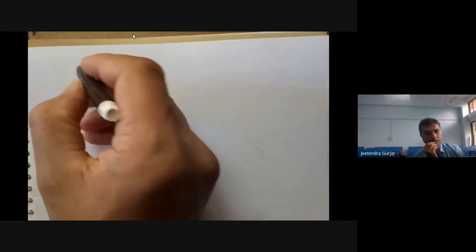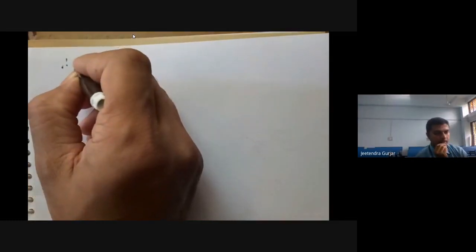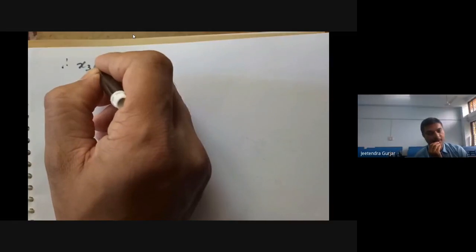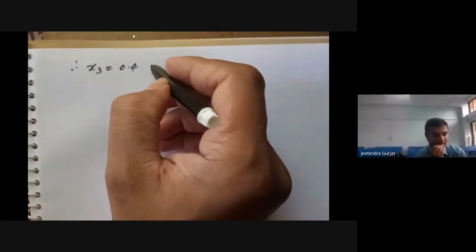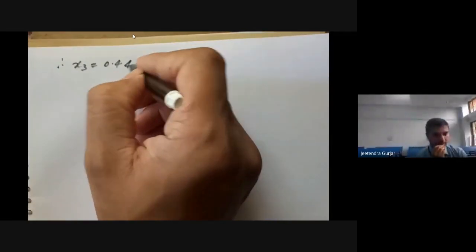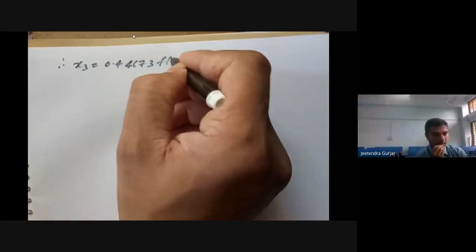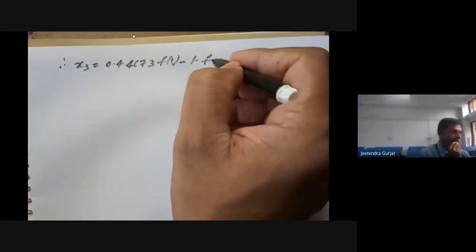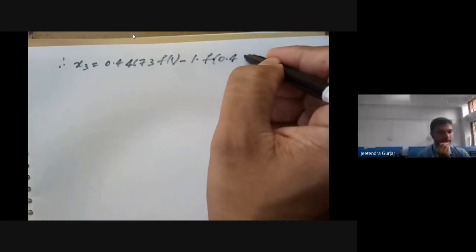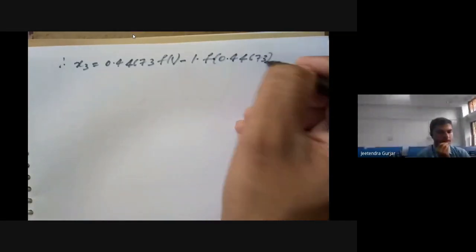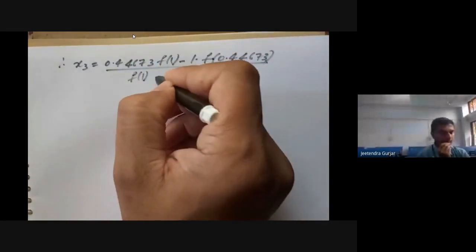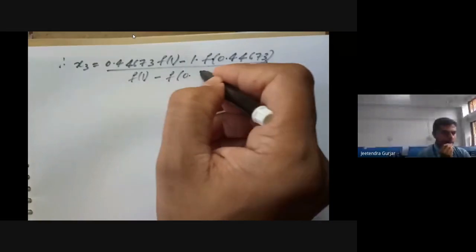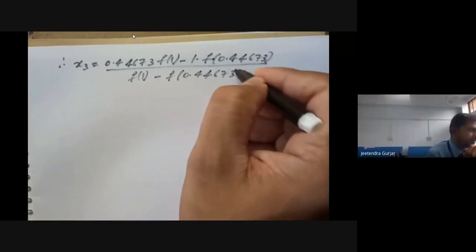So now, try to substitute in the third approximation. What will be the third approximation? It is x3. Some of them have got x3 also. Very good. You are trying hard now. Okay. x3 is equal to, A is nothing but, and B, substitute the value: 0.44673 times f of 1 minus 1 times f of 0.44673, divided by f of 1 minus f of 0.44673.